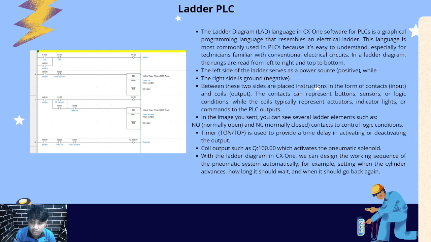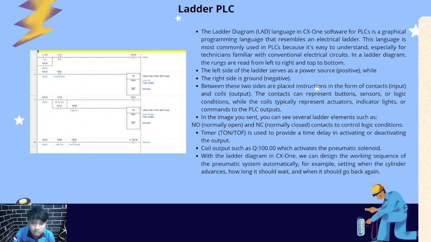The contacts can represent buttons, sensors, or logic conditions, while the coils typically represent actuators, indicator lights, or commands to the PLC output. In the image you can see several ladder elements such as NO, or normally open, and NC, or normally closed, contacts to control logic conditions.